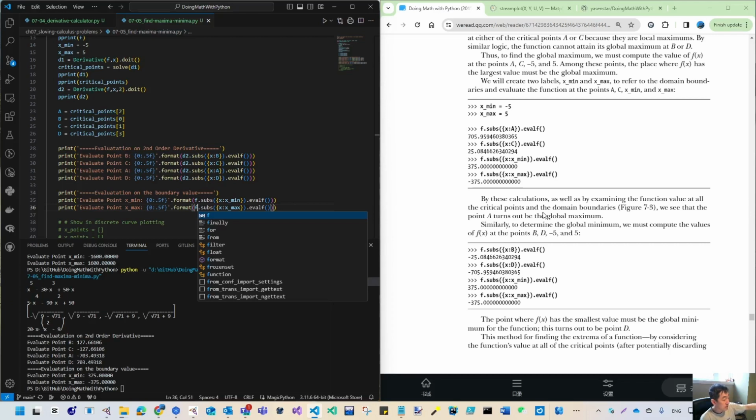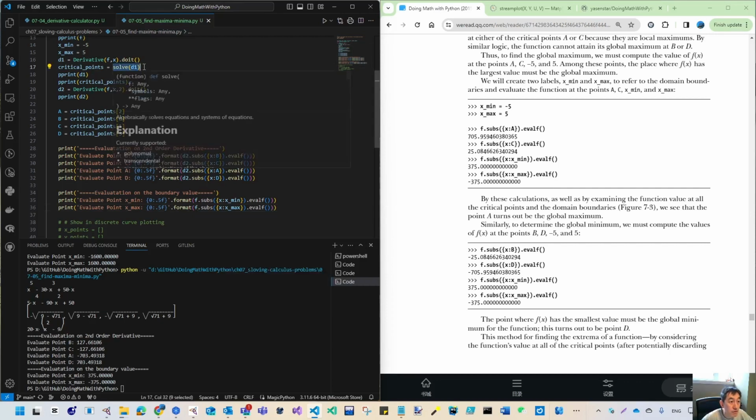Those are the critical points you can get by using this function to solve. And then the boundary values are also critical points, so you got four. When we add that into the solving result and compare them, we see that point D is the global maximum, and point A is the global minimum. So that is the way.